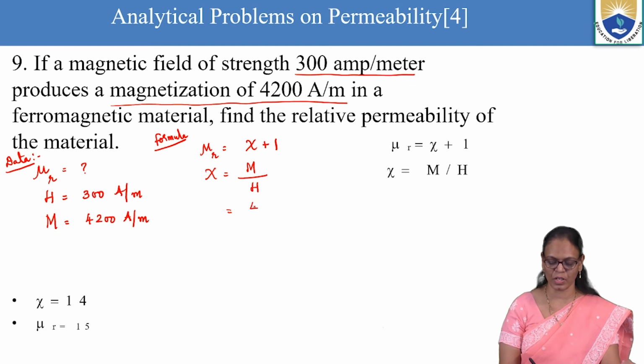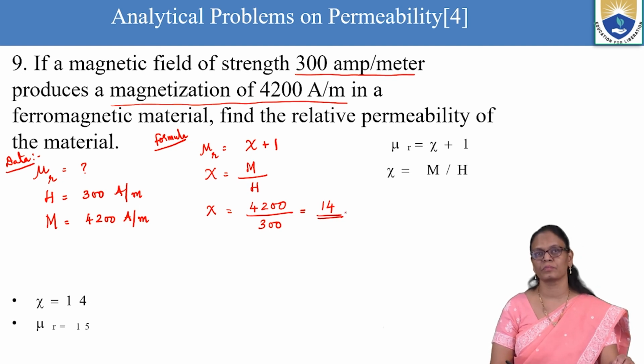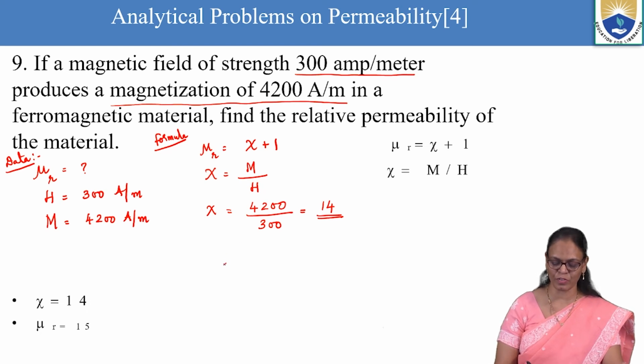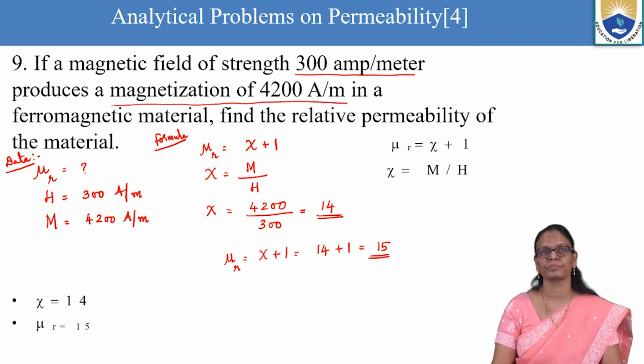We have 4200 and h is 300. So we get it to be 14. So the value of chi we are getting is 14. Once we have chi, we can easily get the value of mu r. Mu r is simply chi plus 1. So 14 plus 1, that is 15. So this is the result.